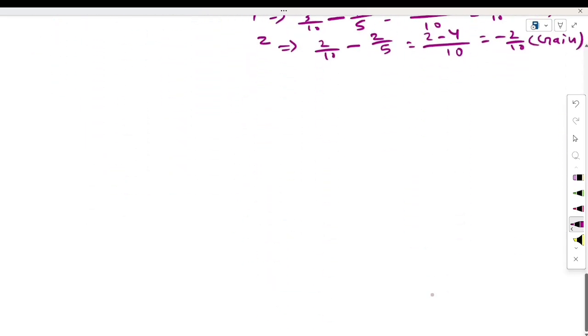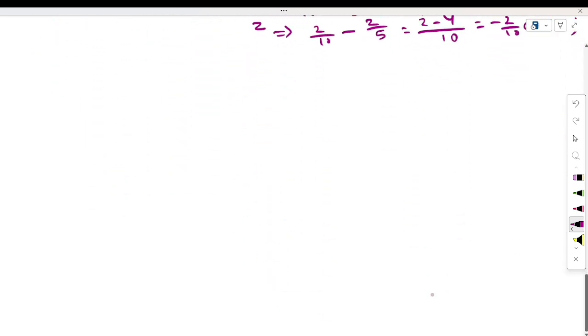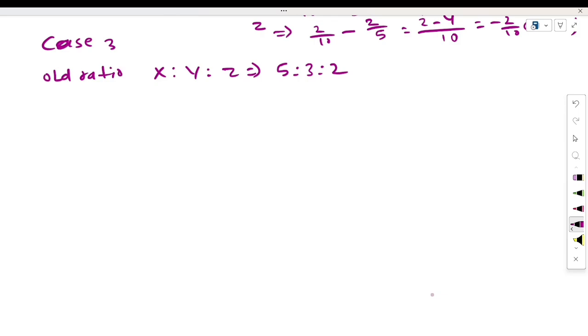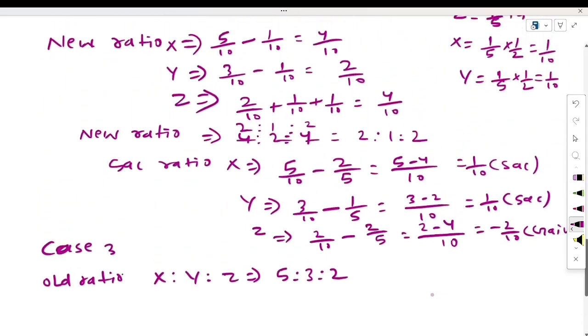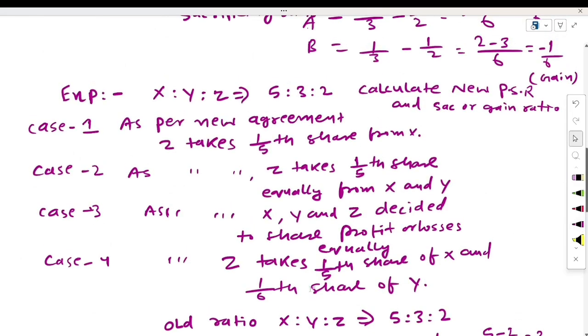Now come to case 3. If we see case 3, your old ratio would be the same as 5:3:2. This is your old ratio. In case 3, what is being told in the question?